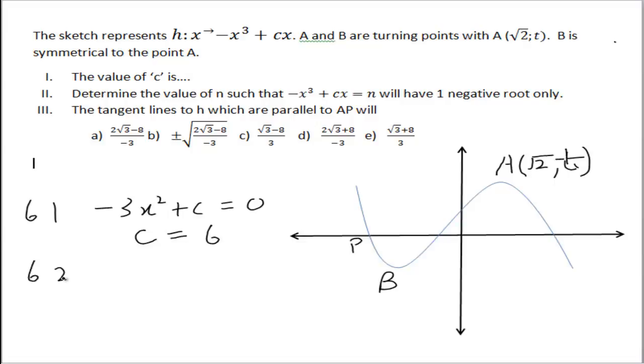6.2 now says determine n such that it will have one negative root only. One negative root only, you will notice, is above that value there. So obviously we need the y value at that point, and we know that c is 6.